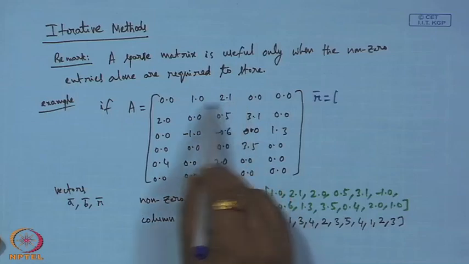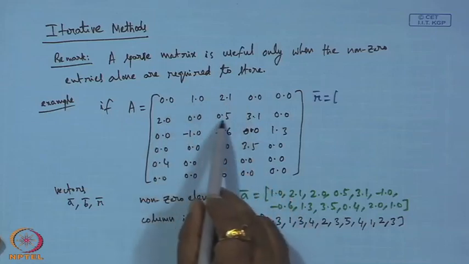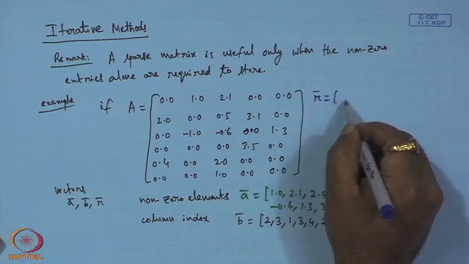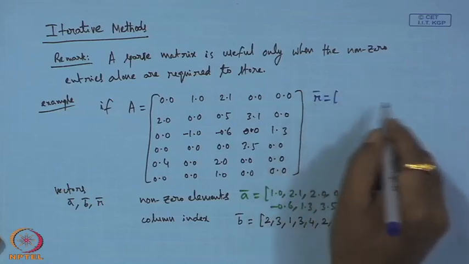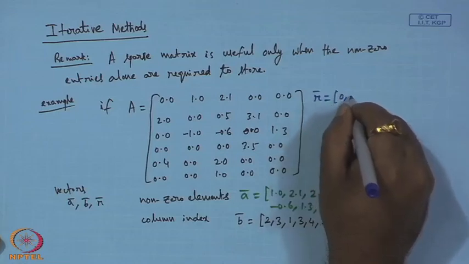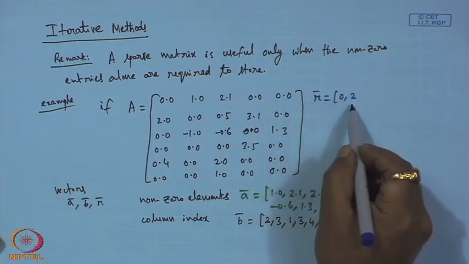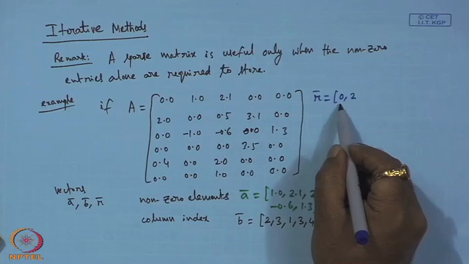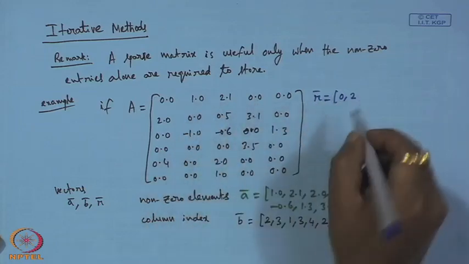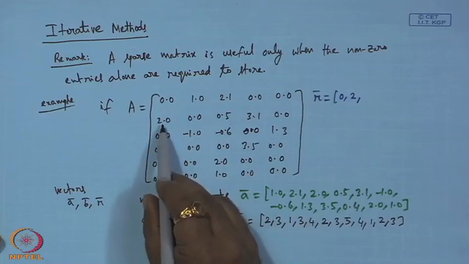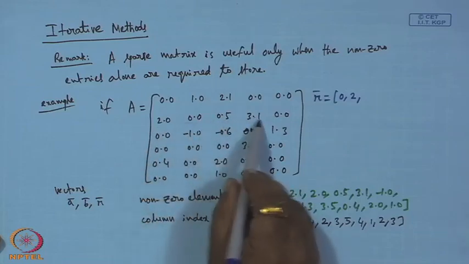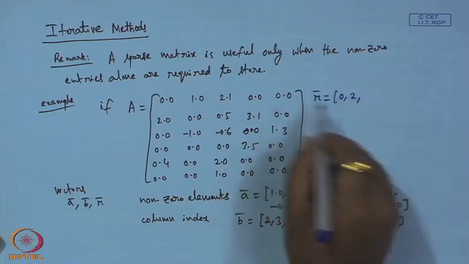In the first row 2 elements, in the second row 3 elements. We could have put 2, 3, but we are storing it slightly differently. Consider r k plus 1 minus r k. The difference gives 2 non-zero elements. Then here how many? 1, 2, 3. So, 3 non-zero. We have to show it as a difference.